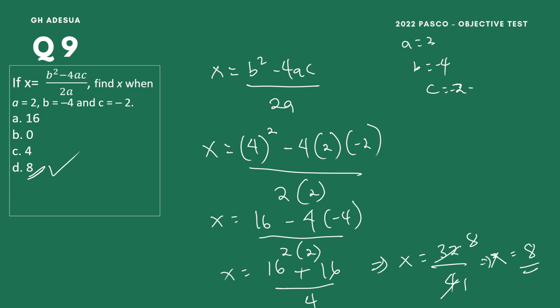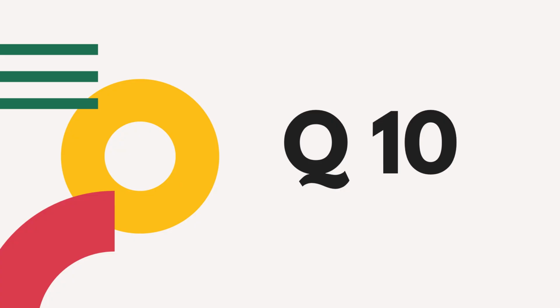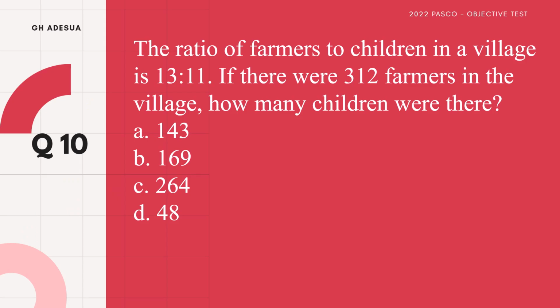Now we'll move on to the next question, the 10th question. It says that the ratio of farmers to children in a village is 13 is to 11.